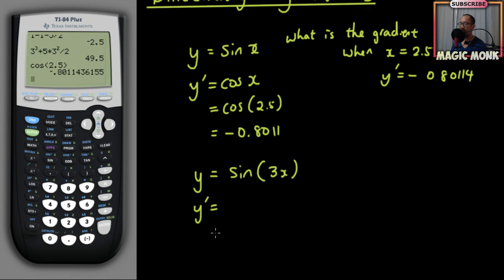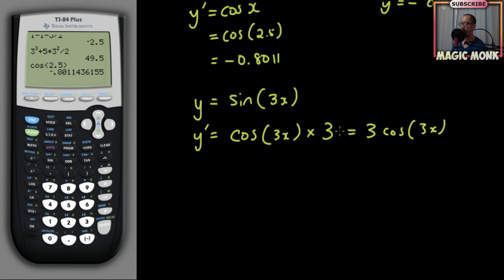The chain rule says that you differentiate the outside of a function multiplied by the inside of the function. So you differentiate the sine part, so you write cosine, copy down what's in the bracket, and then differentiate the inside of the bracket, so 3x differentiates into 3, and you multiply them. So you can simplify that a little bit: 3 cosine 3x.